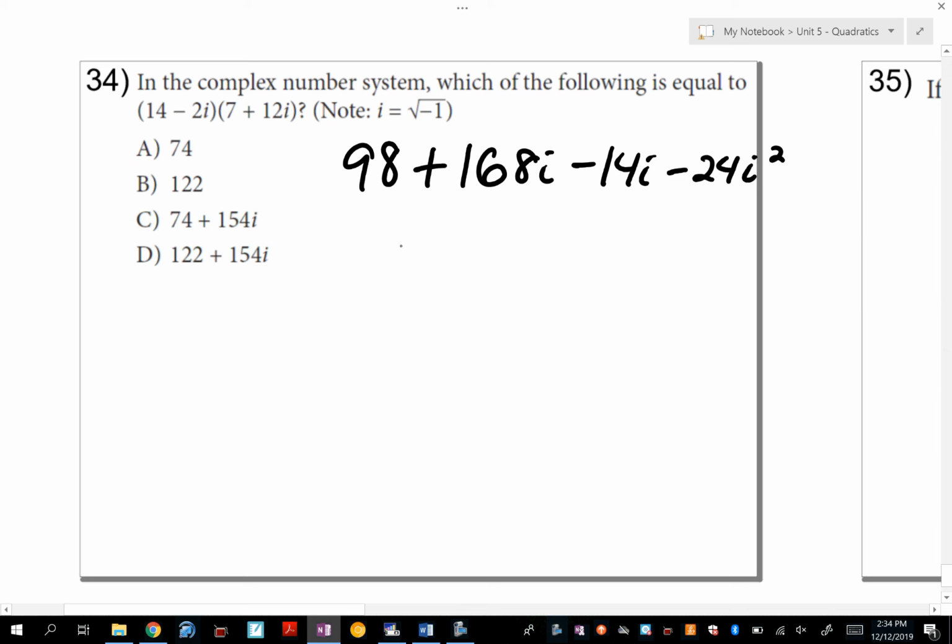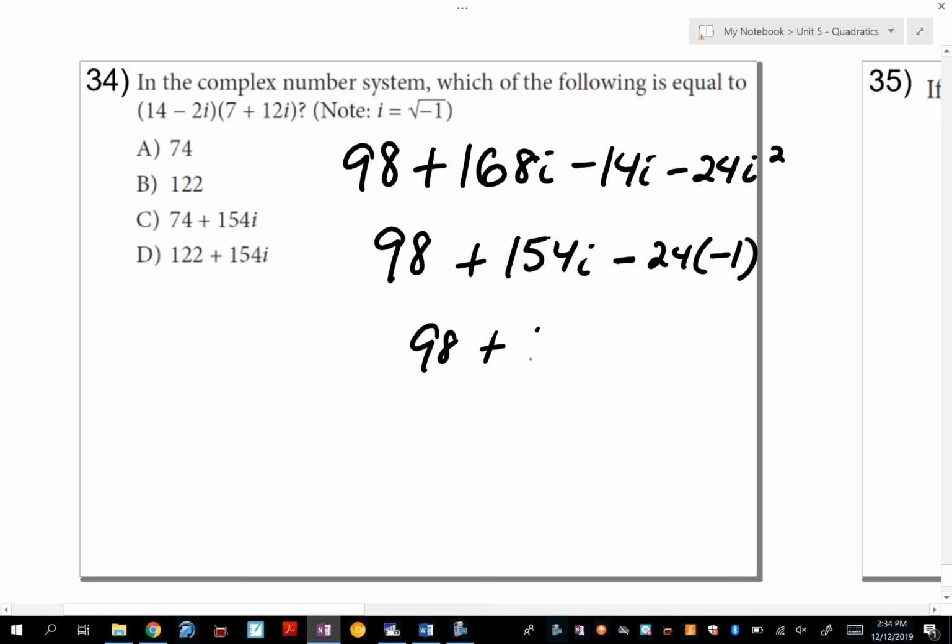All right, so that's going to be 98 plus 154i minus 24 times negative 1. So that becomes plus 24. My bad. And then 98 plus 24 is 122. And so your answer is D.